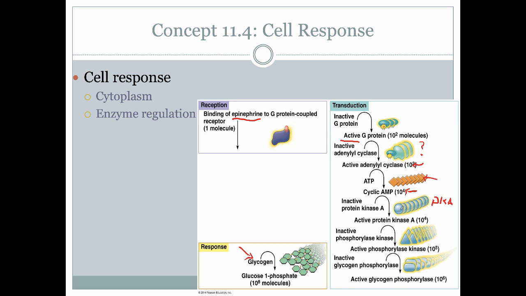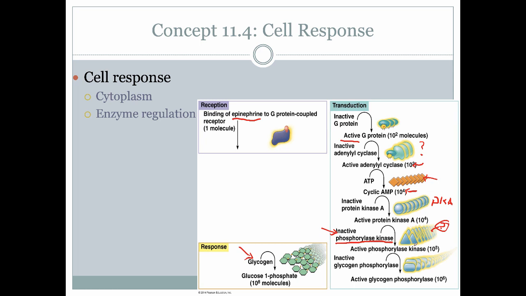PKA phosphorylates, remember all kinases phosphorylate. PKA phosphorylates an inactive phosphorylase kinase, and this is where it gets really confusing because the name of this kinase sounds like phosphorylate, of course. So PKA phosphorylates this, and then if you want on this picture, draw a big phosphate next to it to tell you that these are phosphorylated.